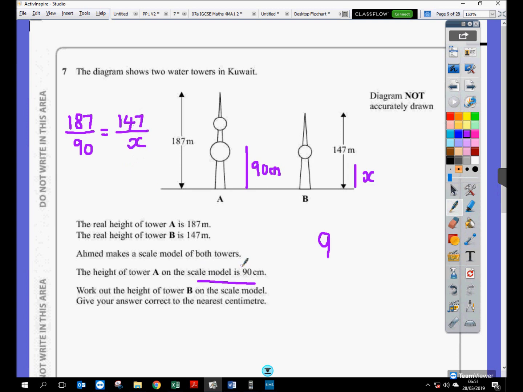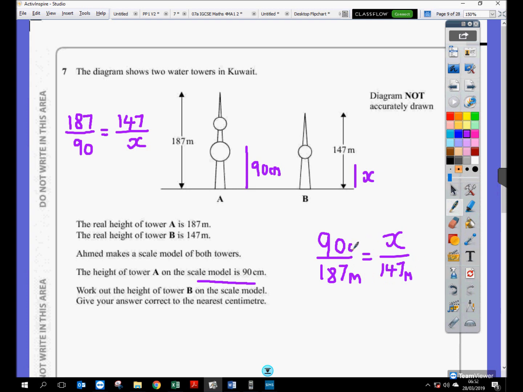Now this is okay to do, but what I'm going to do is write this the other way around. So I have 90 over 187 is equal to x over 147. Now, this may cause some slight confusion, but the actual tower is in meters, but the model is in centimeters.